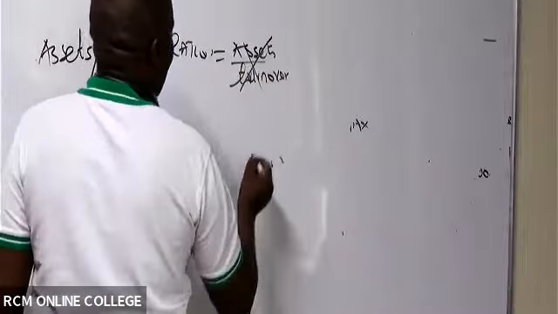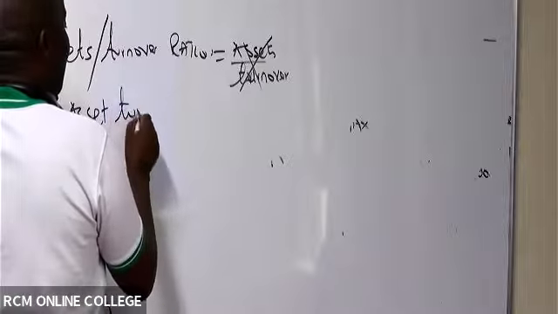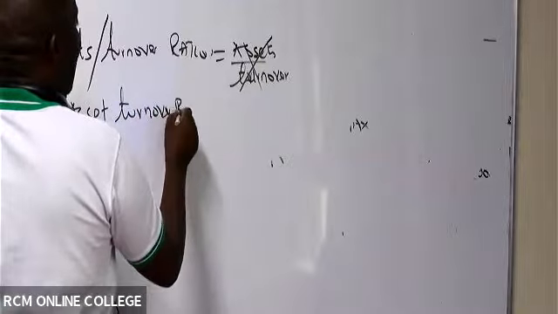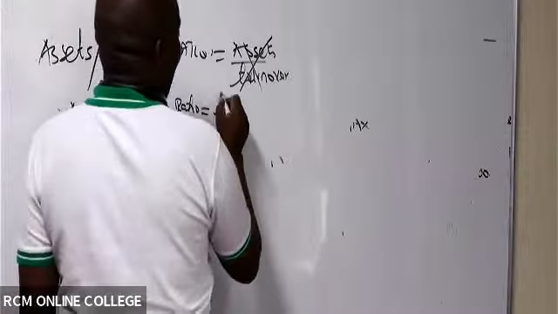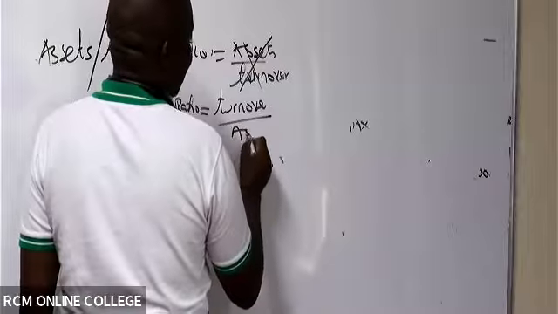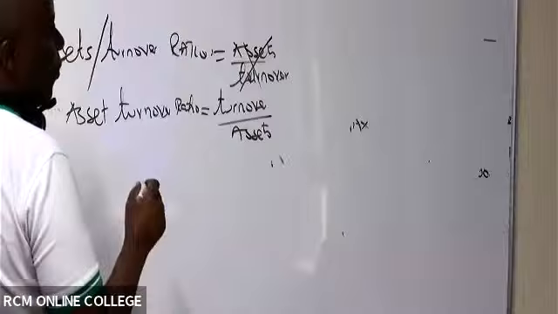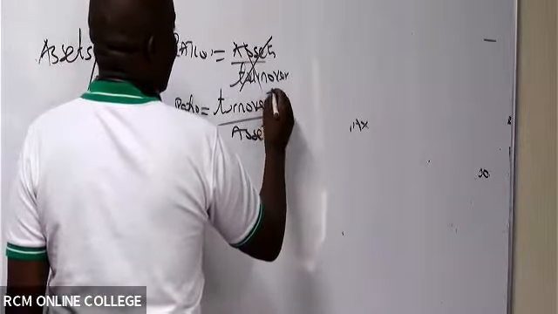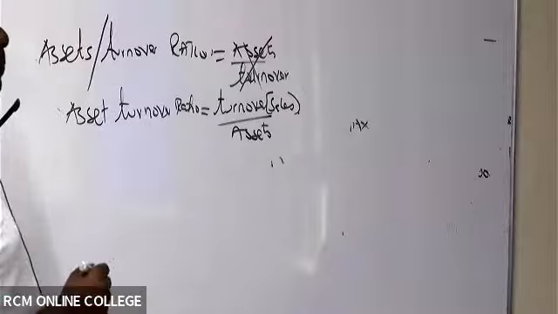So whenever you hear of asset turnover ratio, the turnover will be on top, all over the assets. And remember that turnover is the same as sales.